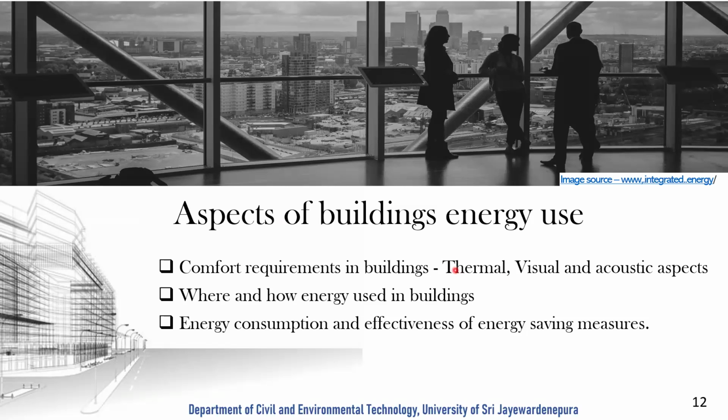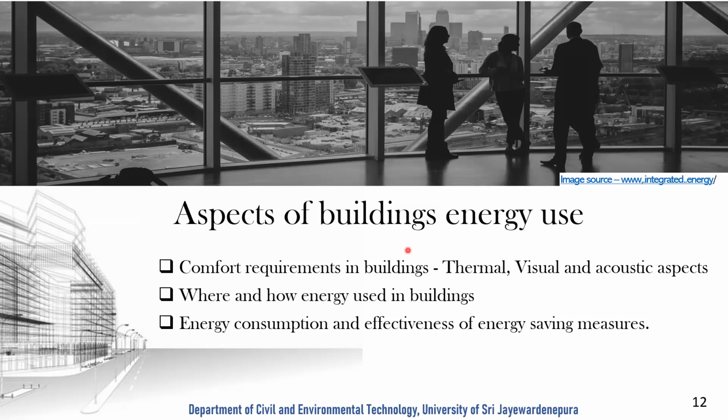Now that is the introduction. Now I will move on to the building's energy use. This is the first part of building energy consumption. Why do we need to use energy for buildings? For example, let's say during your training at a factory, where is energy used?